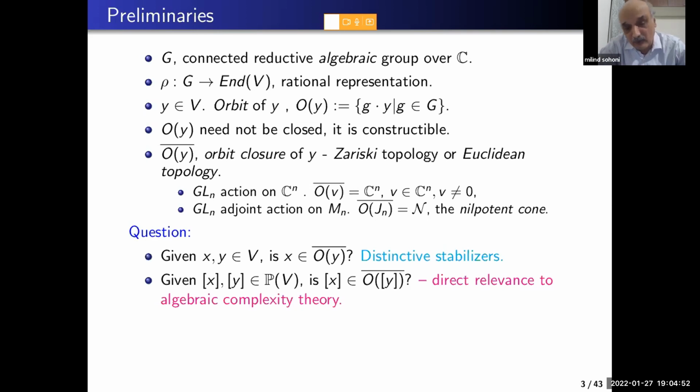And in the projective space, if x and y are treated as projective points, then is x in the projective orbit closure of y? These are of course of direct relevance to algebraic complexity theory, and typically both x and y have very distinctive stabilizers.